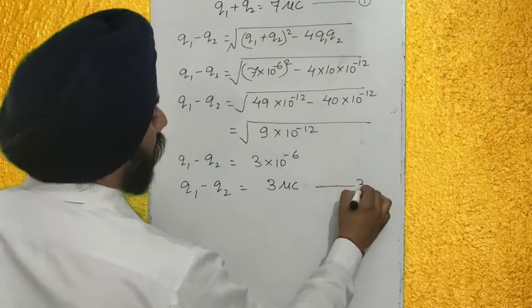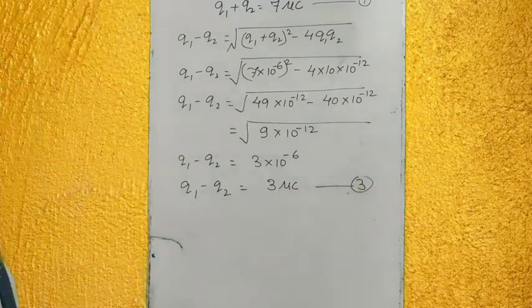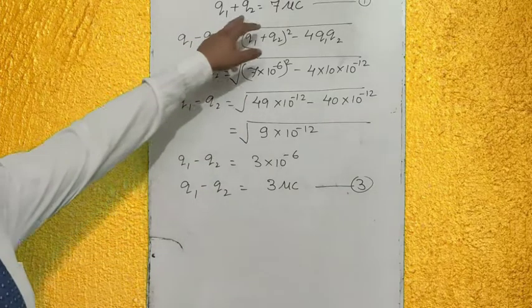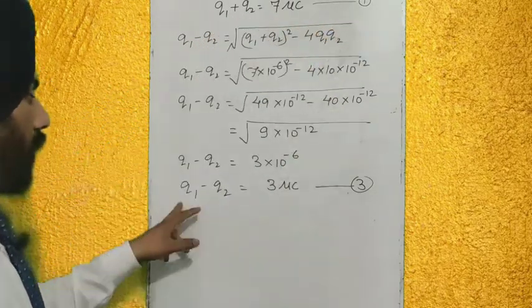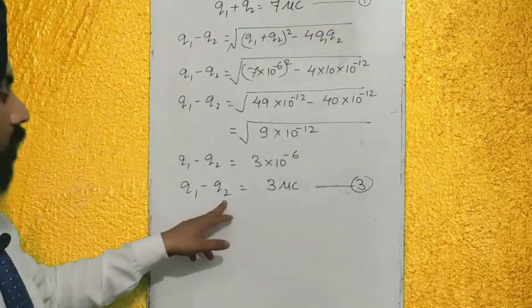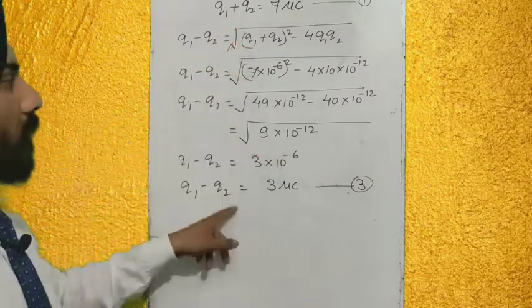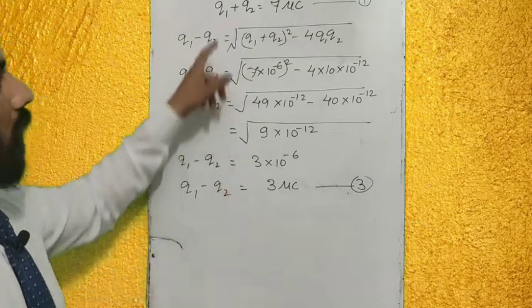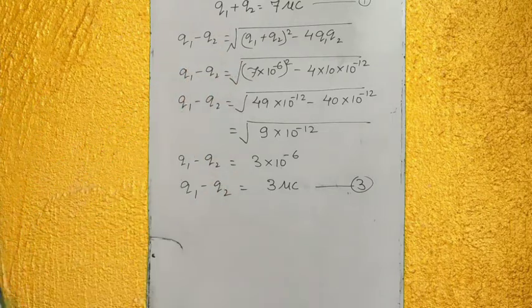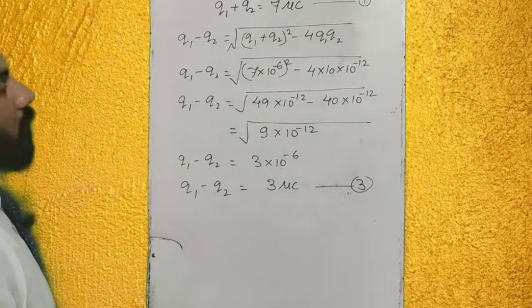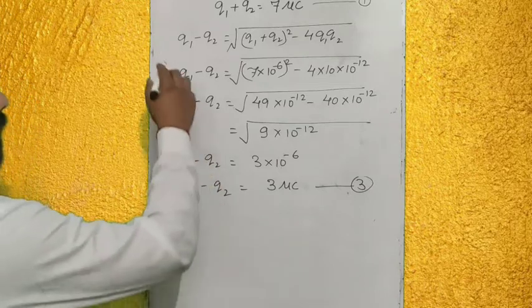Now it becomes a little simple, because we have Q1 plus Q2 as 7 microcoulomb, and we calculated Q1 minus Q2 as 3 microcoulomb. By using simultaneous equations, we can solve these two equations and find out the value of Q1 and Q2 separately.